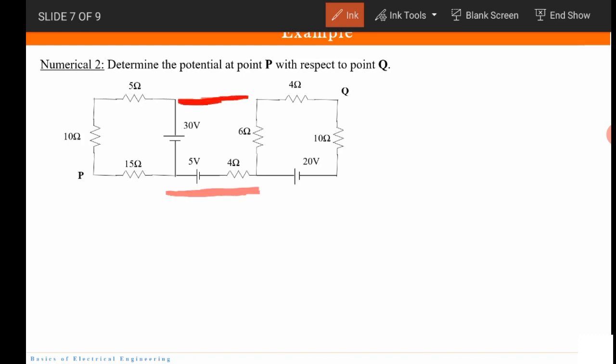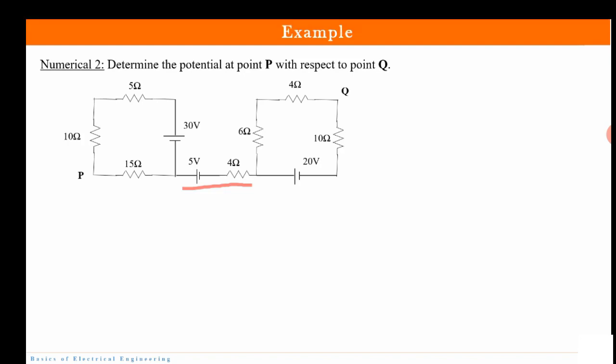If we had this connection, then we would say it is a closed circuit path and some current would be flowing through it. But since it is an open circuit path, no current flows through this. Fine. Now let us understand the next step.